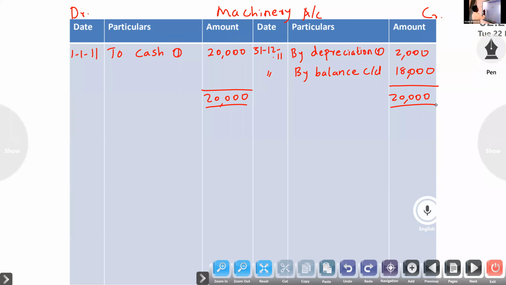Next, 1st January 2012, to balance BD 18,000. On 1st July 2012 we purchased another machinery, 10,000.